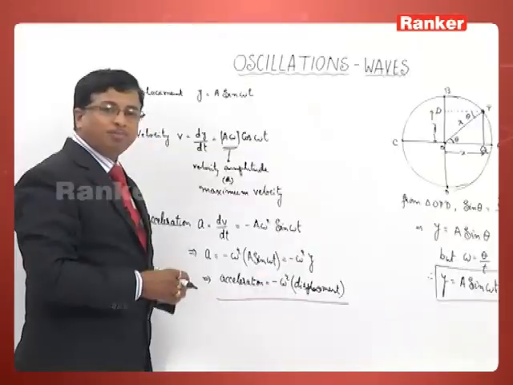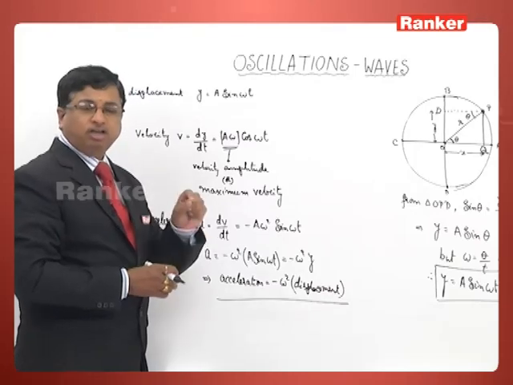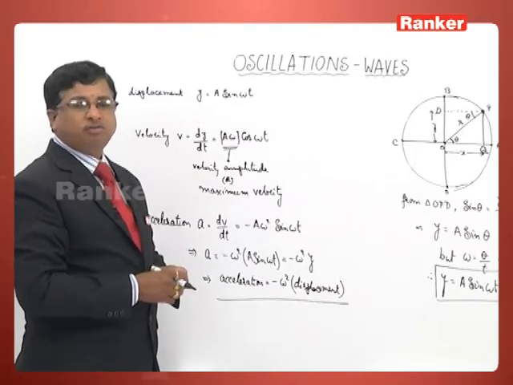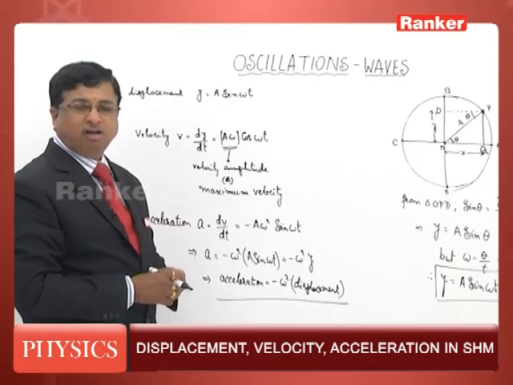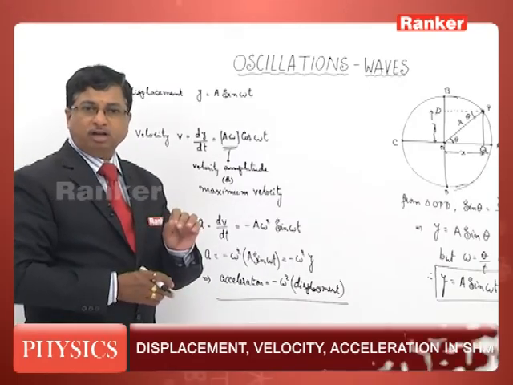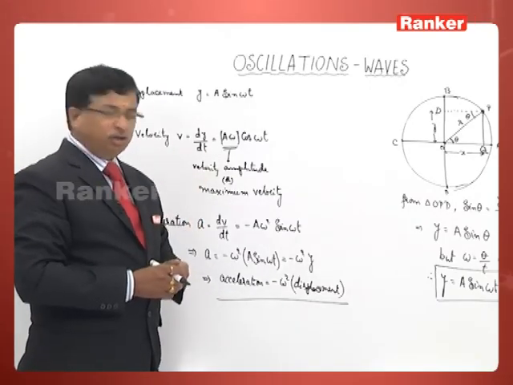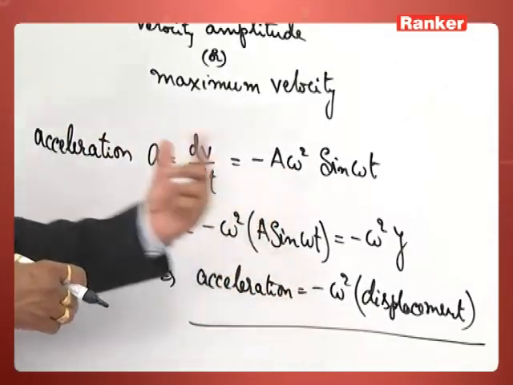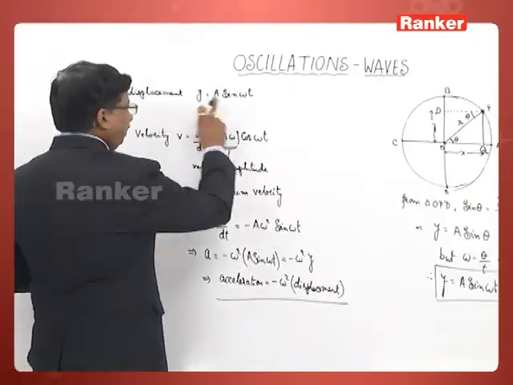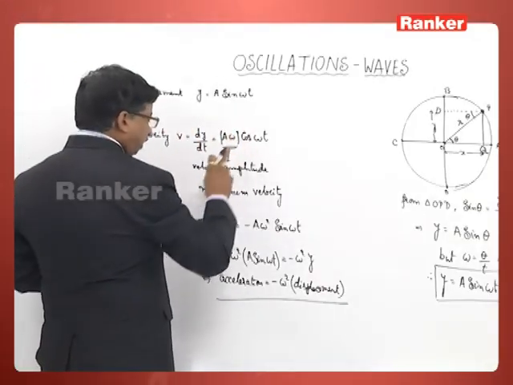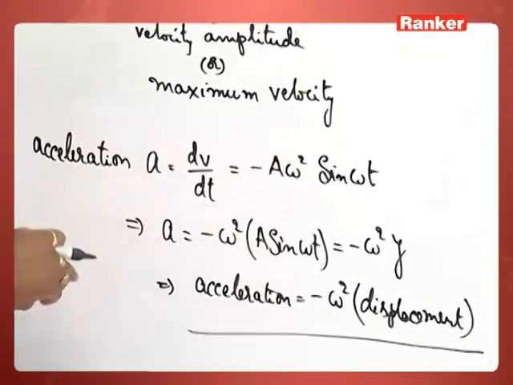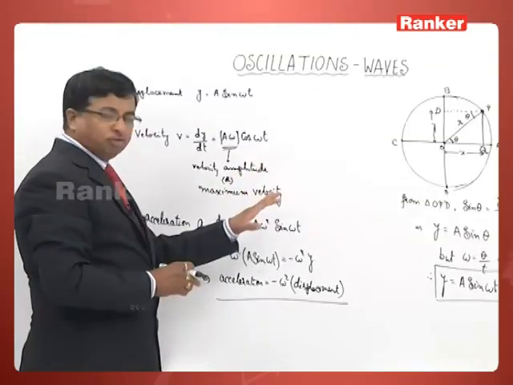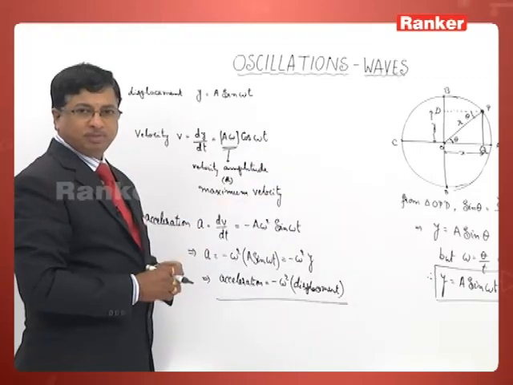And what is the constant of proportionality there? It is omega square, which of course we can call angular frequency whole square. That is the concept. So this is the ultimate equation we have to remember, along with the displacement equation, velocity equation and acceleration equation of different waves.